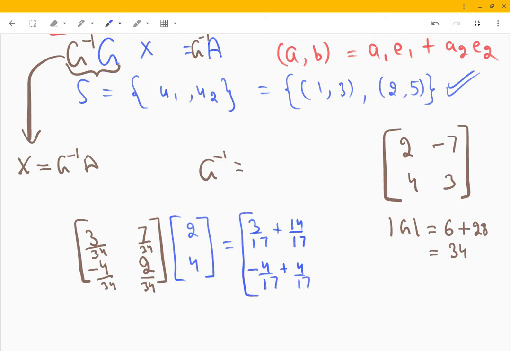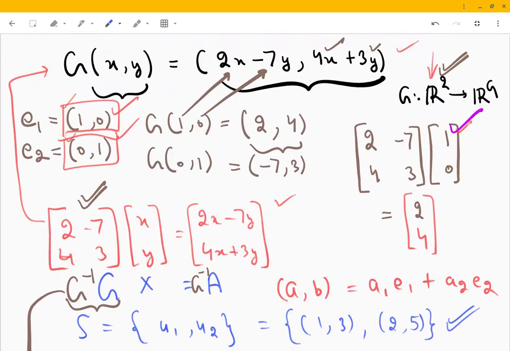Bingo. See? This is 14 plus 3, 17 over 17, which is 1, and this is 0. So we are again mapped back to the vector which was given to us when we applied this transformation.